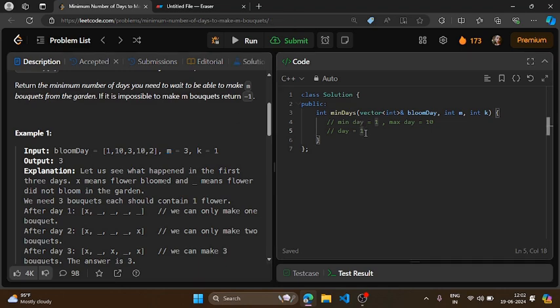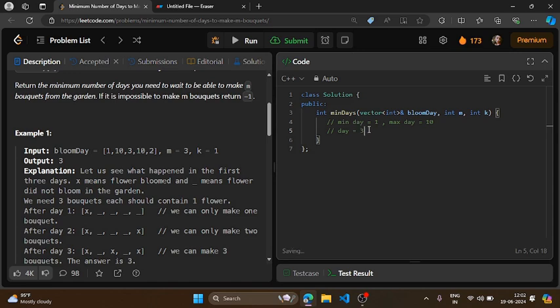Now for day 2 also, I will check if it is possible for me to make m bouquets. You can see on day 2 only 2 flowers are blooming, which is this and this. So only 2 flowers are blooming on day 2, so basically we cannot make m bouquets on day 2 either, so you will move to another day, which is day 3.